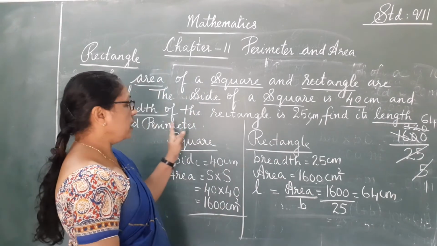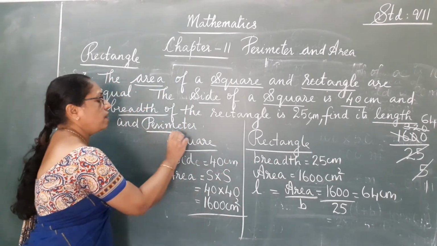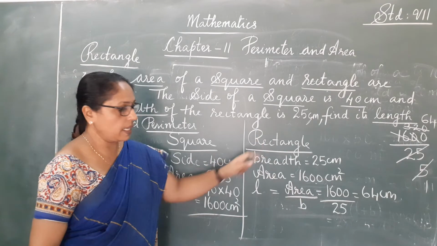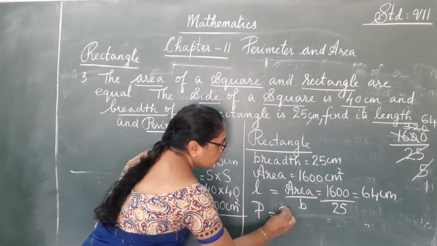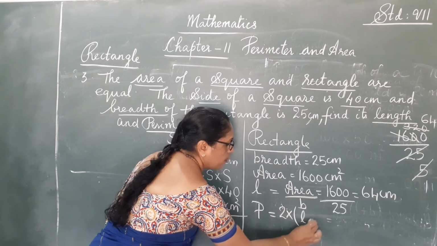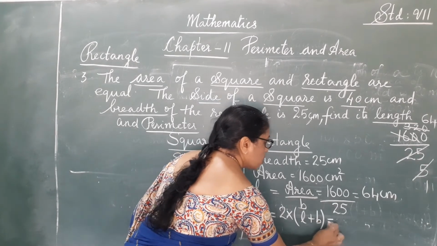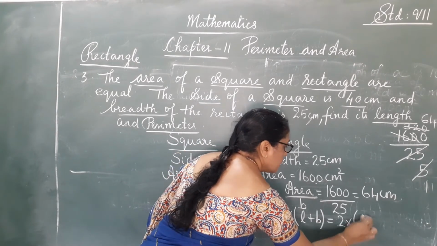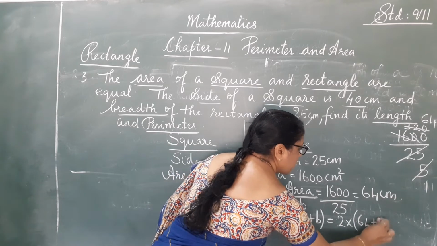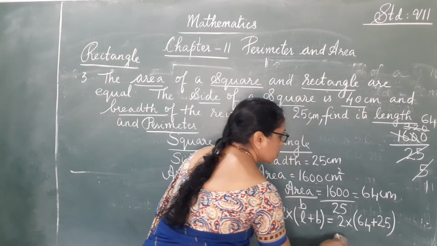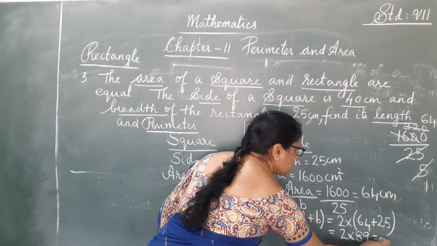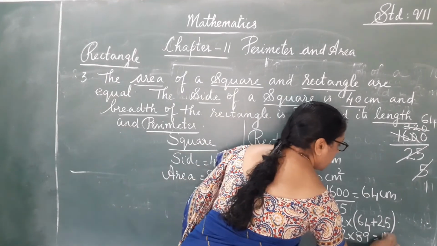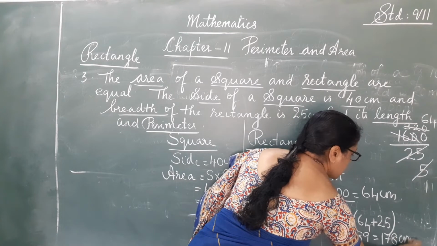So we got the length. Now finally, what do we have to find out? The perimeter of the rectangle. So what is the perimeter formula? Yes, 2 into (L plus B). So 2 into (length 64 plus breadth 25). So 2 into 89, 178 centimeter.